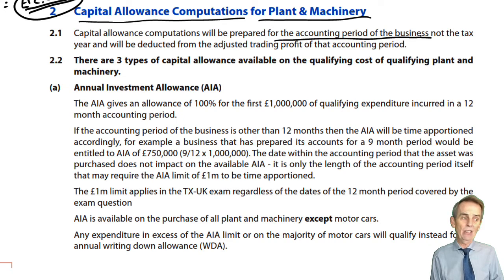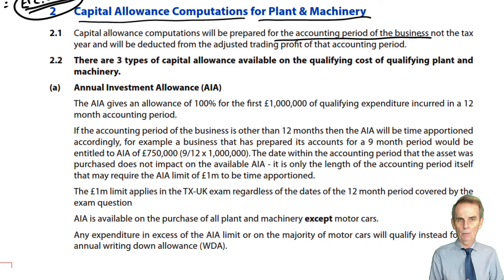What we may have is we start on the 1st of July, say, and we want to prepare accounts to the 31st of December. So in which case we'll probably go a 6-month period to the next 31st of December. That would be the period of account. That will be the period for which the capital allowance computation is prepared.